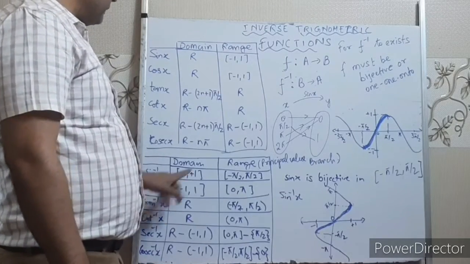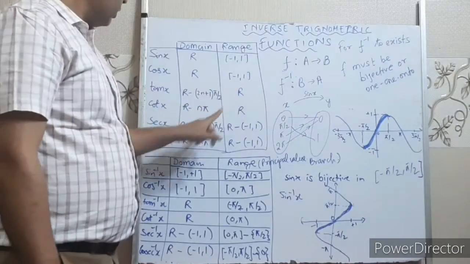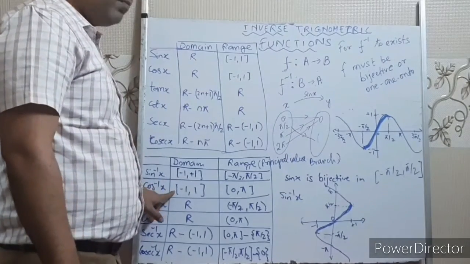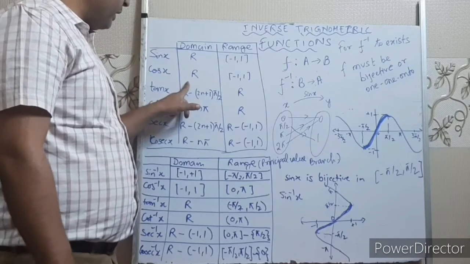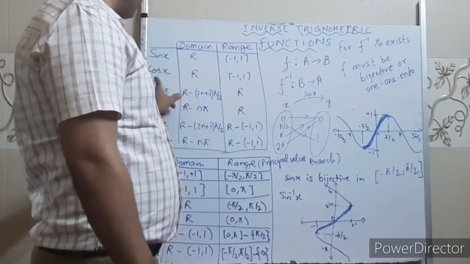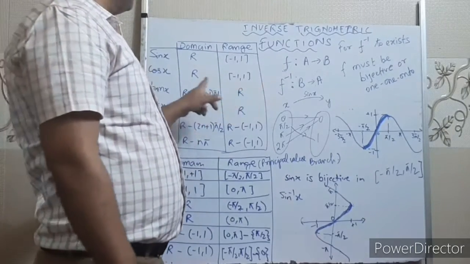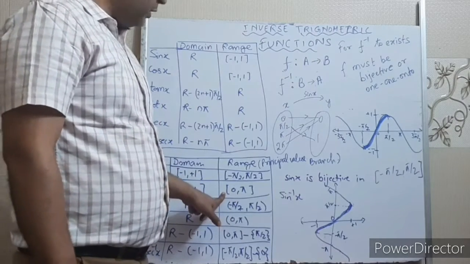Now similarly, cos x range is minus 1 to 1. So cos inverse x domain will be minus 1 to 1. Cos x domain is all real numbers, but again cos x will be a many-one function. So to make it one-one, we have taken this principal value branch.